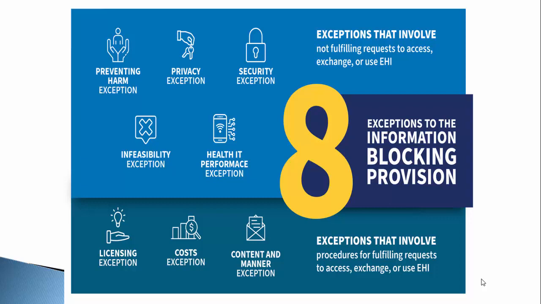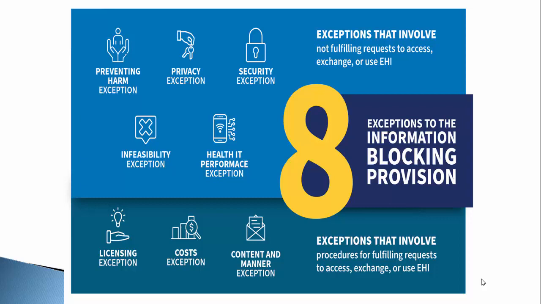But a privacy exception, a very simple example, might be that somebody has requested information, you don't have a valid ID for them, and so you're not going to release the information without that, and yet you have run out of time to get to that request, let's say 10 days, even though it's not in stone. Let's just go ahead and see if that's a best practice. Then you'd want to invoke the privacy exception.